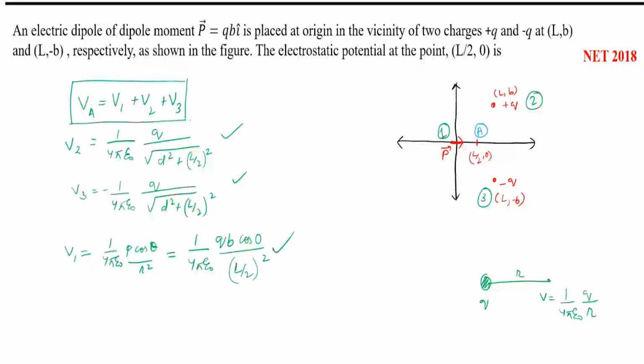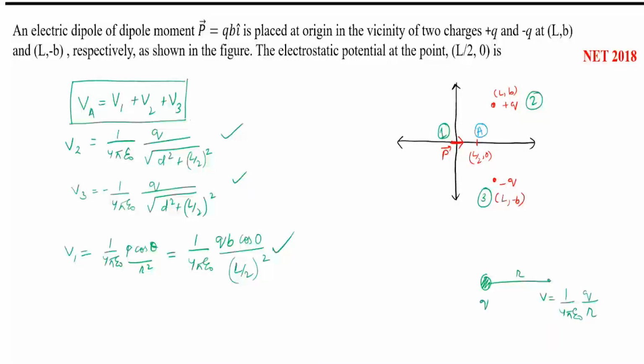Any doubt? Before we end, shall we take up one more question? Sir, in this question, the net potential at the point A will only depend on V1, right?